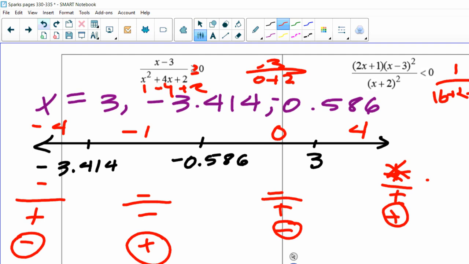On or above, so where it's positive. So this one and this one. Write down the intervals.